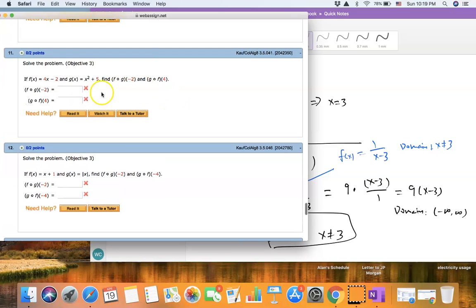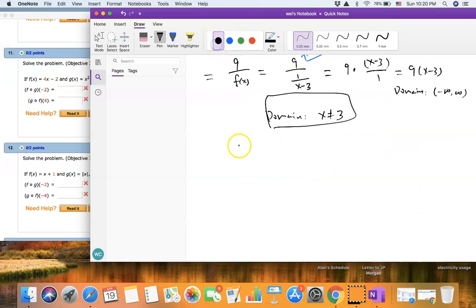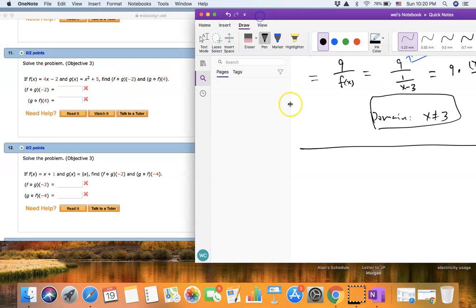Okay, let me do number 11. What this problem wants us to do is first find the expression for the composite function, and then evaluate the composite function at the given value.